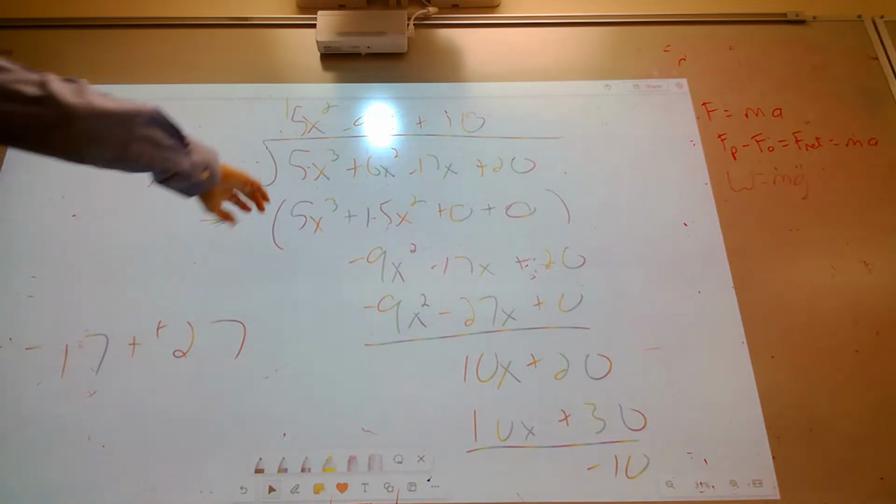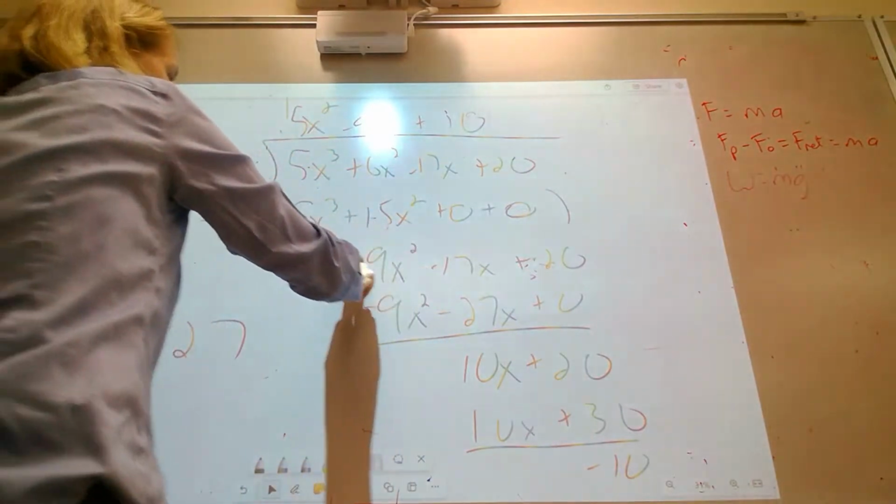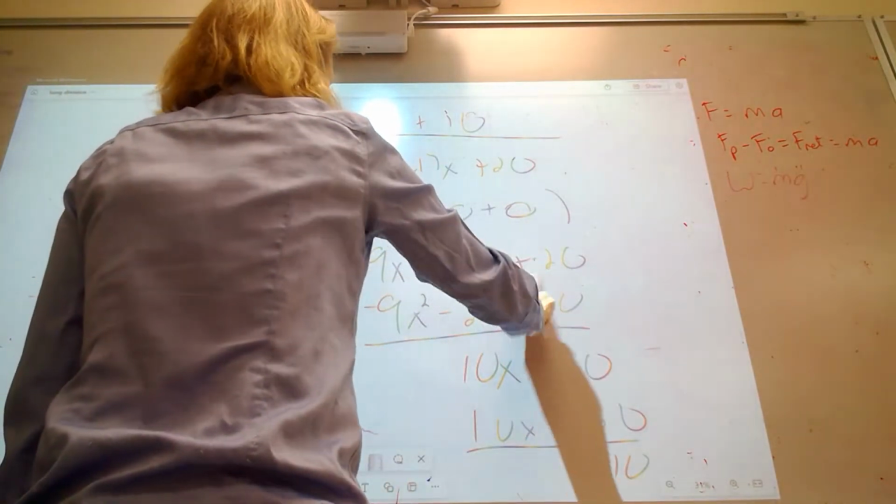Okay, so you should end up with this. We multiply by 5x squared to get all of this. We subtract this, we end up with minus 9x squared minus 17x plus 20.